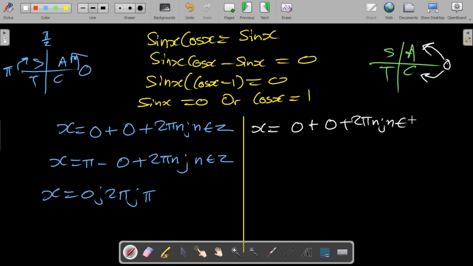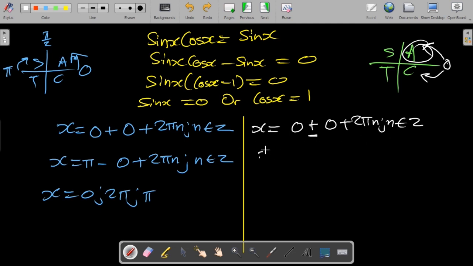Then we're going to have x at 0 minus, so it could have been compacted by saying 0 plus or minus the reference angle to describe these two portions. So this describes the two portions, then this is our reference angle, then added to the period multiplied by n.